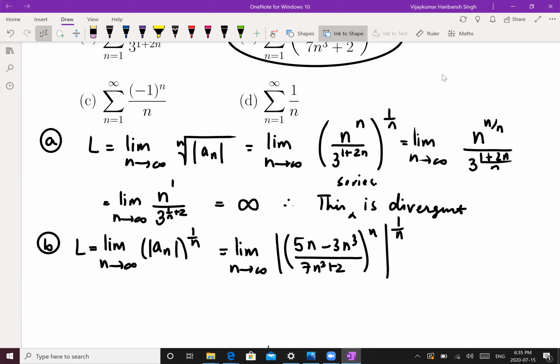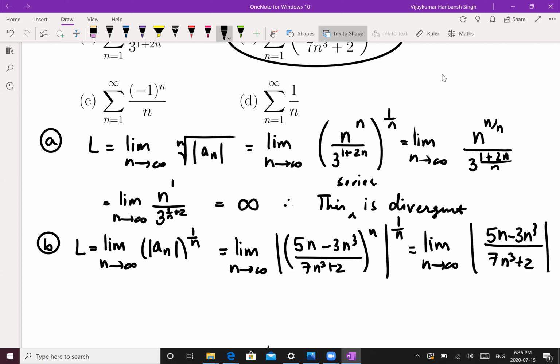And then this simplifies to the limit as n goes to infinity of the absolute value of (5n minus 3n cubed) divided by (7n cubed plus 2).